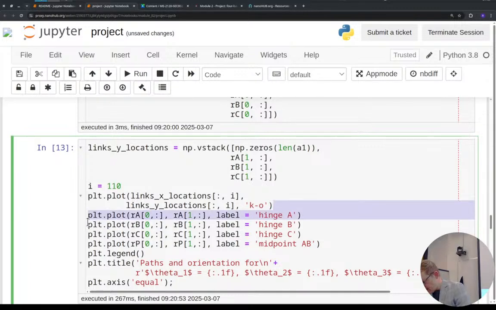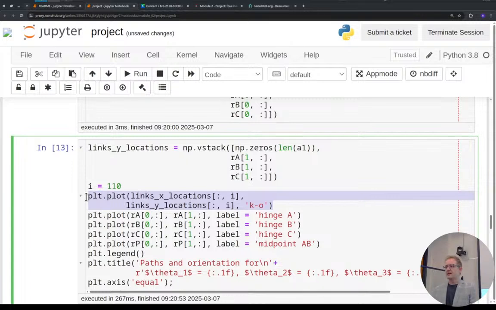And then I can take O, A, B, and C and draw lines through them so that all the X locations end up being dots connected by lines, so I can see what that 4-bar linkage looks like at that point in time. And that's what this X and Y spot is doing.